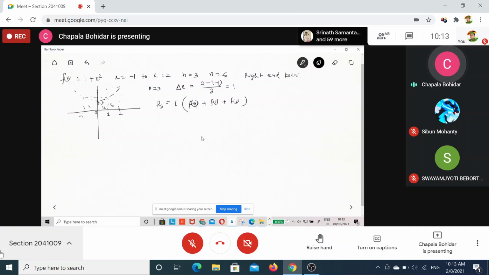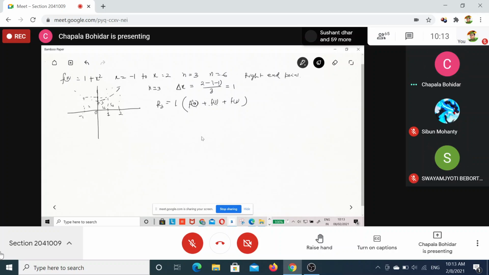On this rectangle, which is the right endpoint? 1, so f of 1. On this rectangle, it is 2, so f of 2. That is called your right endpoint. All of you clear? Yes, ma'am.